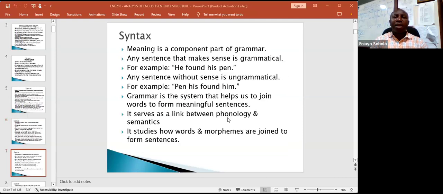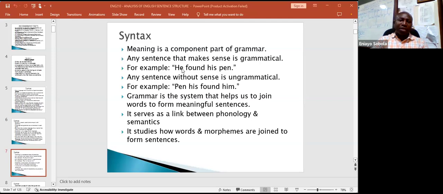Then meaning is also a component part of grammar, like I said earlier. A sentence that makes sense is grammatical, but the one that does not make sense is not grammatical. Look at the example I have here. He found his pen. We realize that this sentence makes sense. Why?